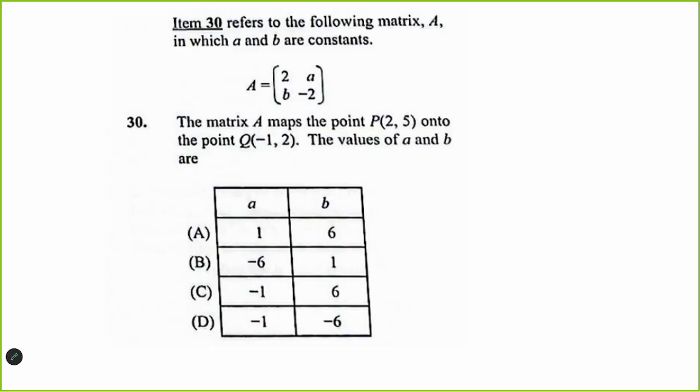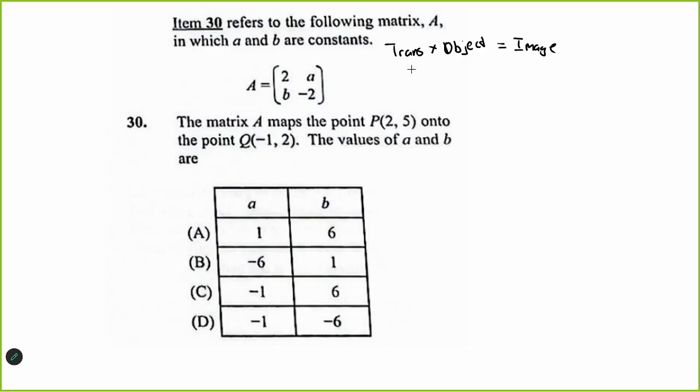Item 30 refers to the following matrix A in which A and B are constants. Right, so they give you the values. Matrix A maps point P (2, 5) onto point Q (negative 1, 2). The values of A and B are, now what you would do in this question, because the answers are already given to us, is put in these values. What you should know is your transformation multiplied by object will give you your image.